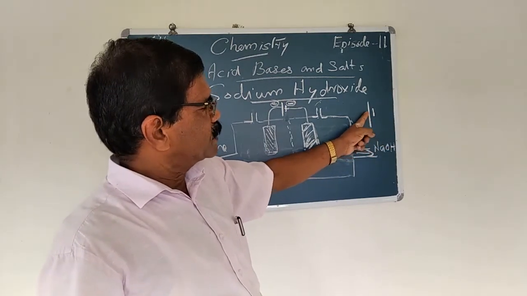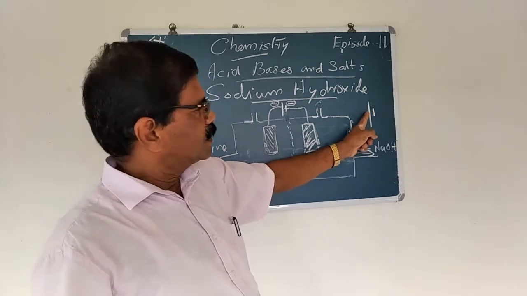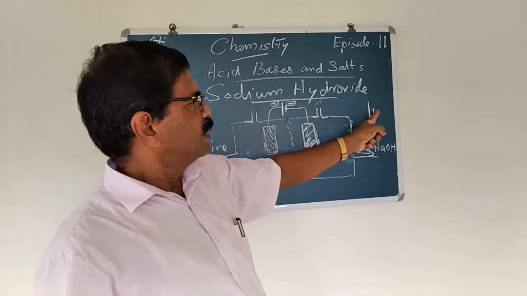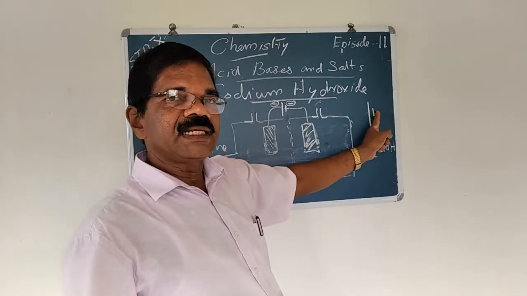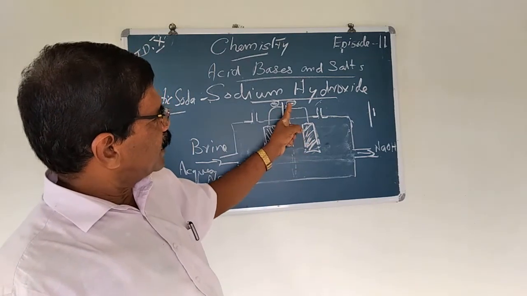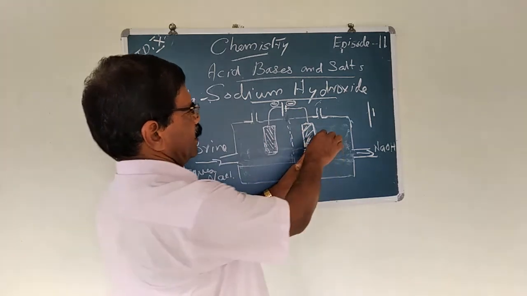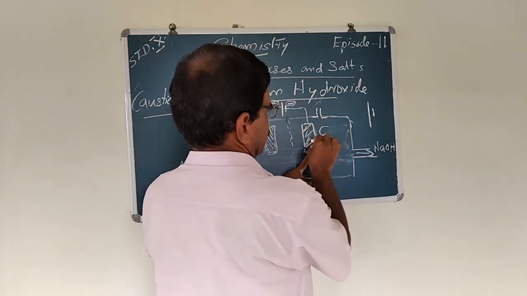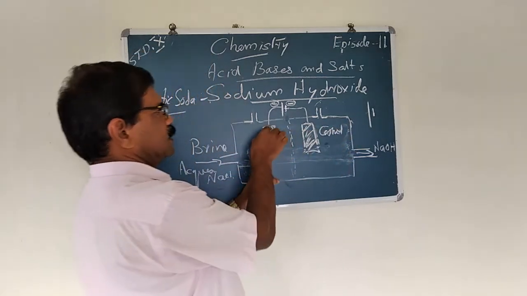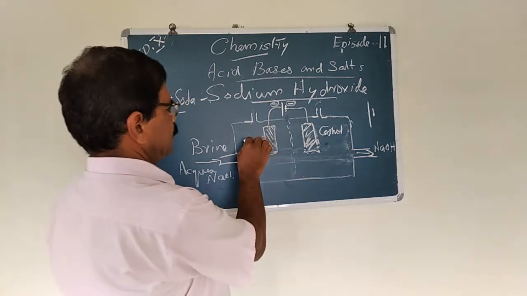The tall line is the positive pole and the short line is the negative pole. The electrode connected to the negative pole is called the cathode. The electrode connected to the positive pole is the anode.